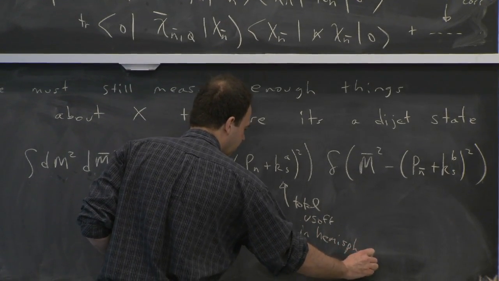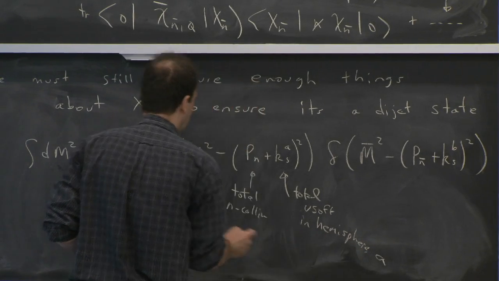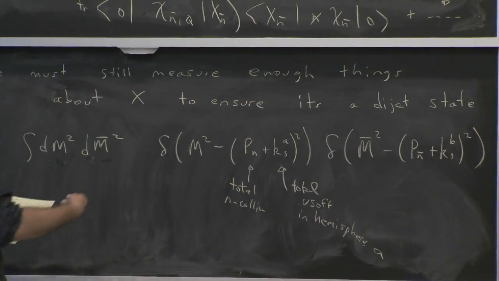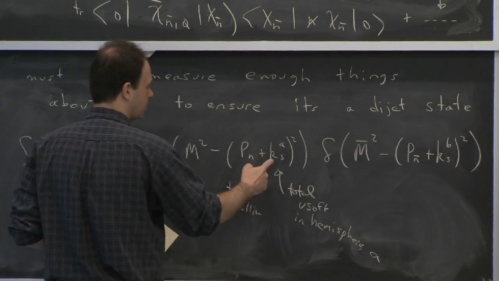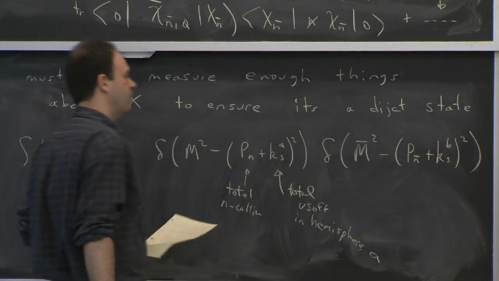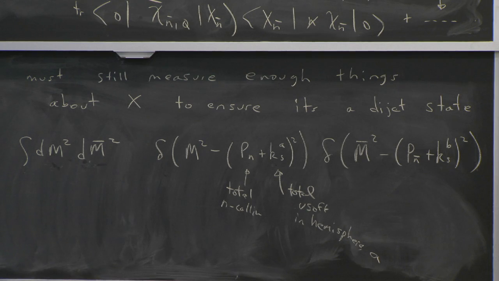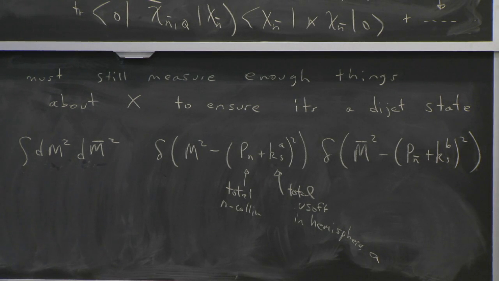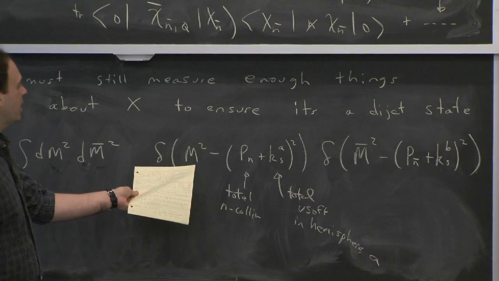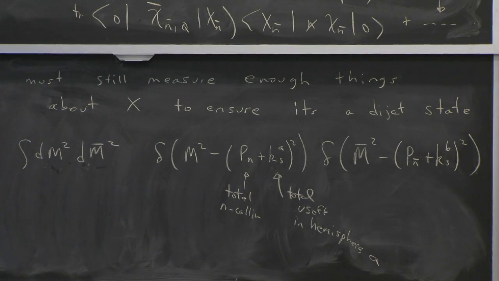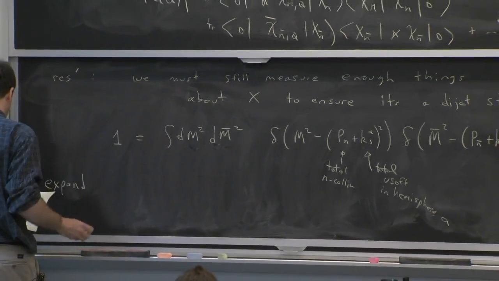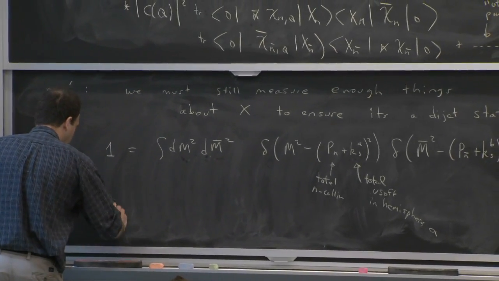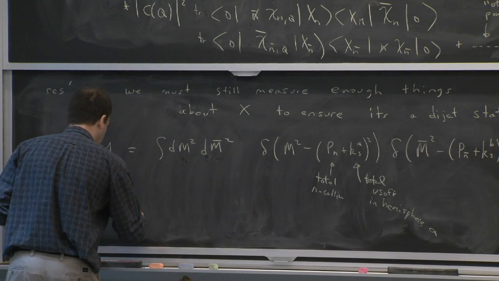So I divided everything into hemisphere A and B. Obviously, all the n-collinear particles which are going in that direction are in that hemisphere, but the soft ones could go in either case, and so then there's this soft momentum in hemisphere B and soft momentum in hemisphere A. Now, this is unexpanded. I can also expand these delta functions. And I only need to keep the leading order piece if we're working at leading order.